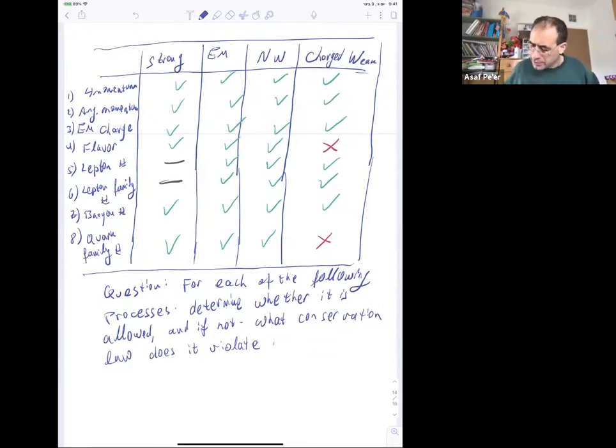Okay, so let's start. What about two proton scattering that result in pions? It's an easy one. Is it allowed?